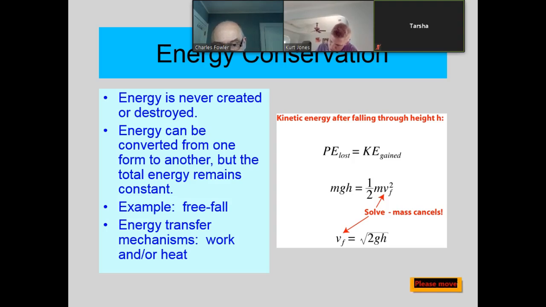When you multiply both sides by 2, divide by m, and take a square root, v final is equal to the square root of 2gh. Okay. They do this under energy conservation. The book did it under energy conversion. So that's why it was in a different place. Potential energy is changed to kinetic energy as the object falls through some height h. Okay?